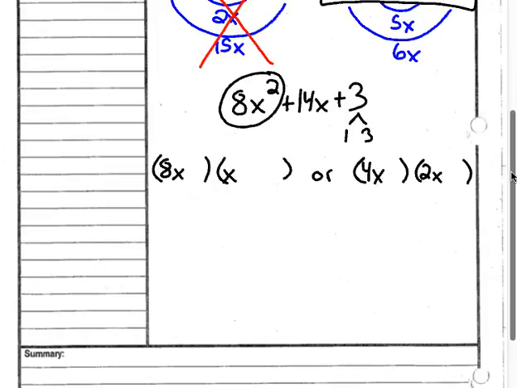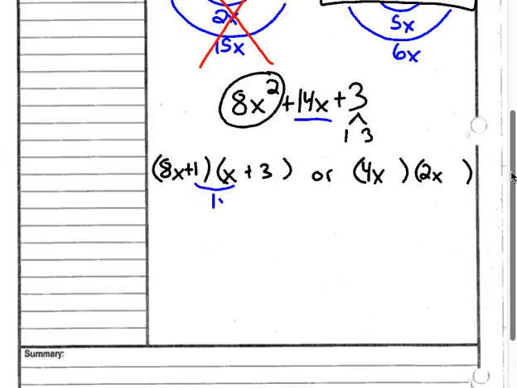So in this circumstance, this time there's actually two different models that I could be using to find this proper combination. But just like before, now I'm just going to start putting those numbers in and seeing which one I can make work. So I'm just going to start tossing in 1 and 3. And let's see if I can get that 14x.